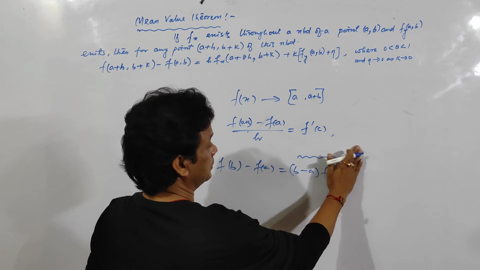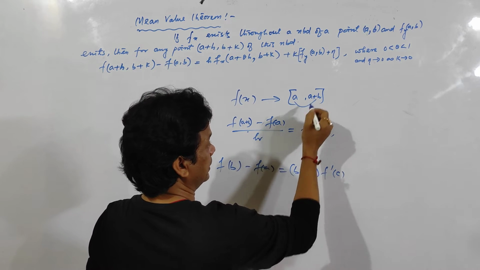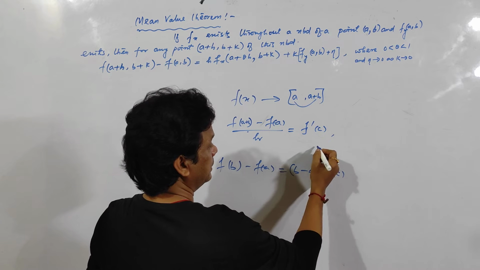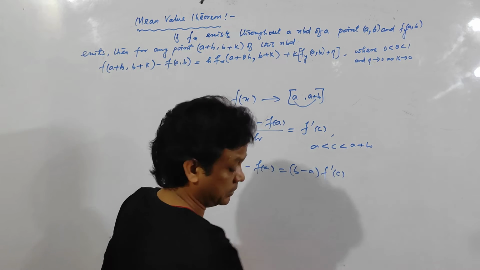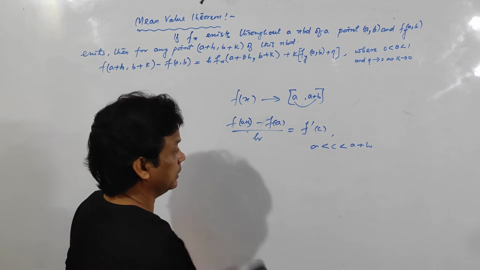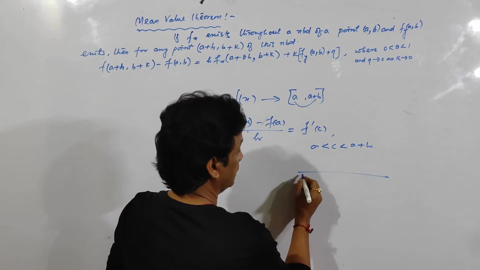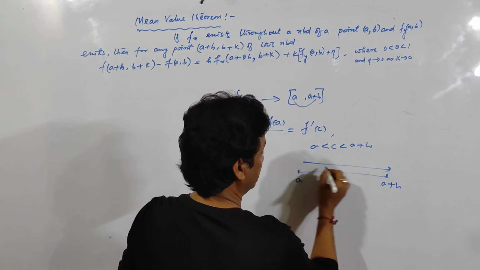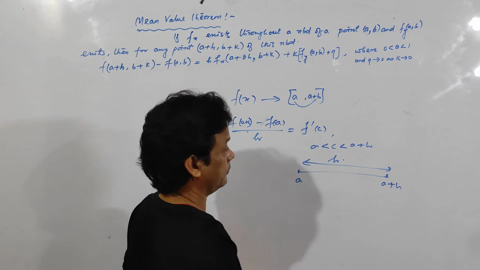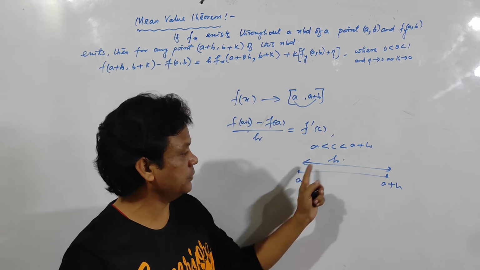And what is c here? c lies between this and this. That means c is greater than a and less than a plus h. See here, this is a, this is a plus h, that means the difference is h. And c lies between this and this.